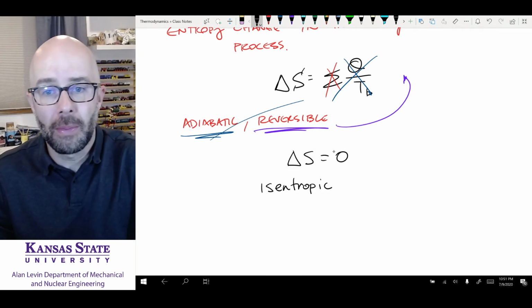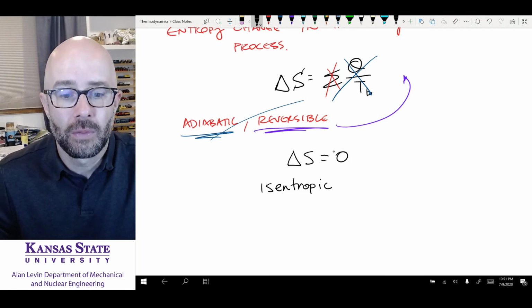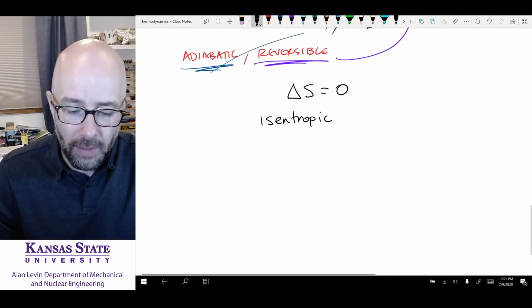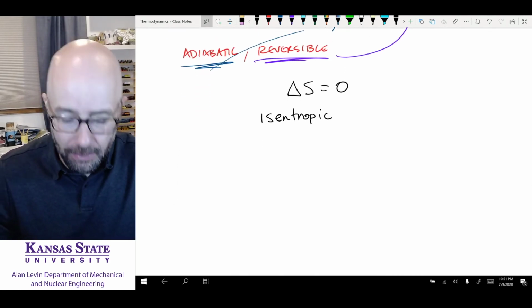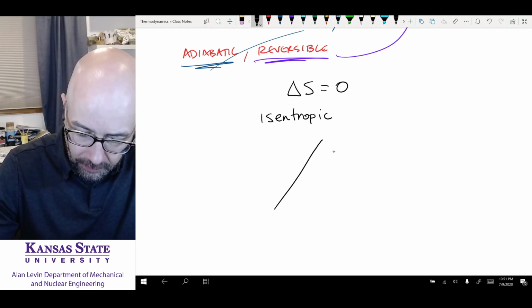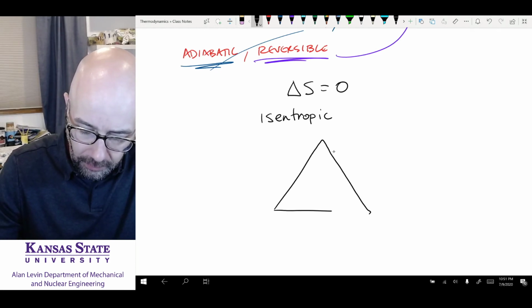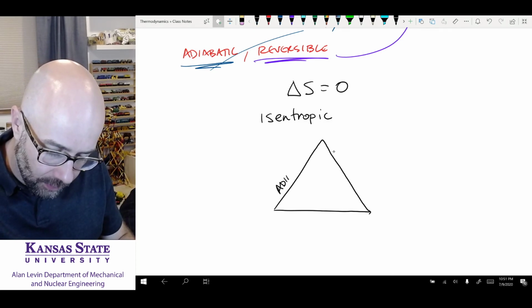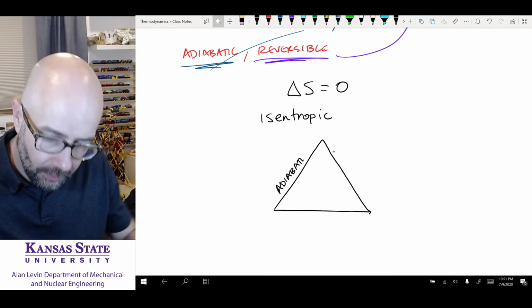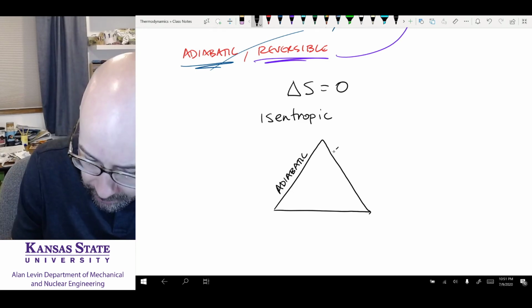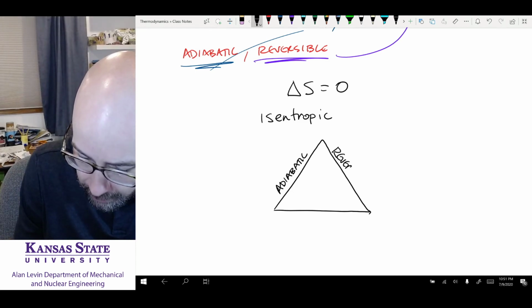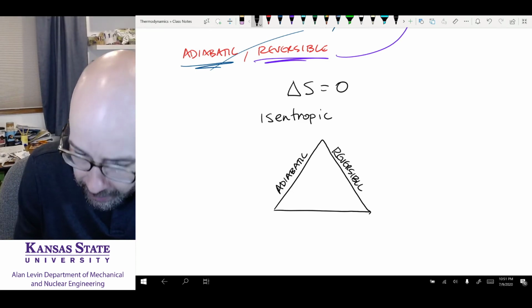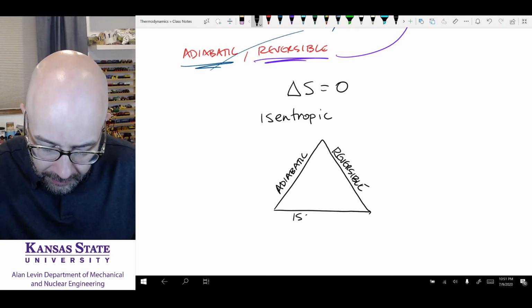Like isothermal, it's isentropic. So what I want you to remember is this triangle. If a process is adiabatic, if a process is reversible, it means that process is isentropic.